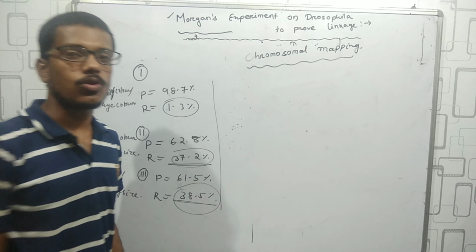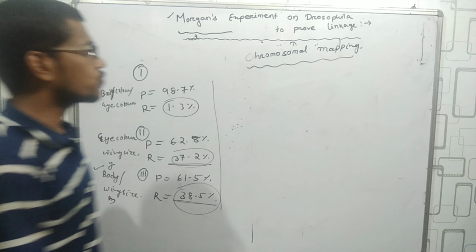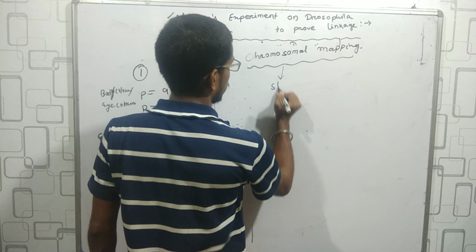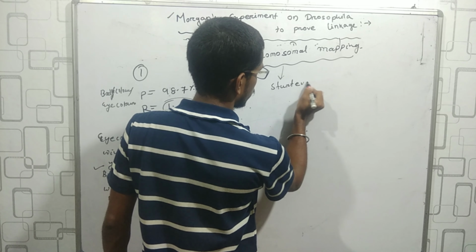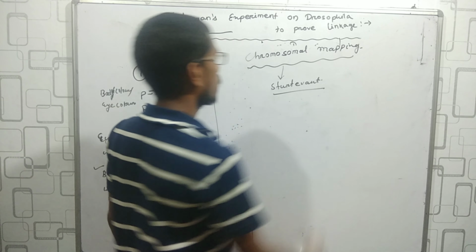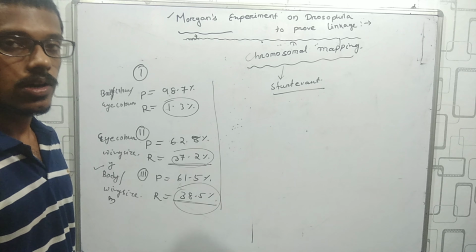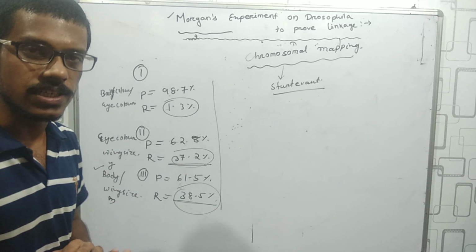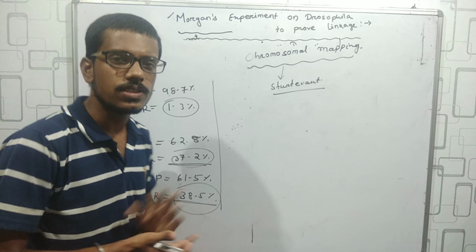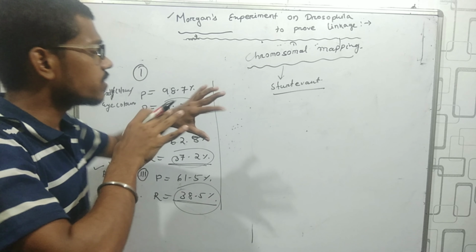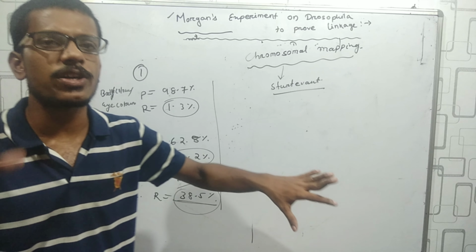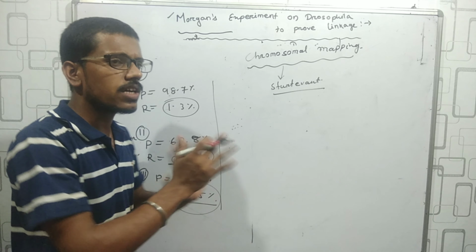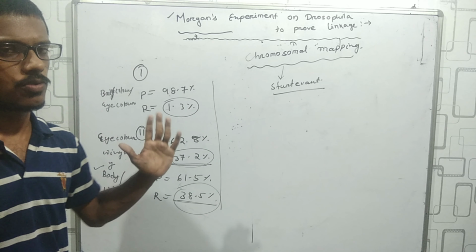After completion of Morgan's experiment, one of the students of Morgan, that is Sturtevant, gave the concept of chromosomal mapping or gene positioning. If we know the distance between the genes, then we can position the genes. Several genes are present over the same chromosome.